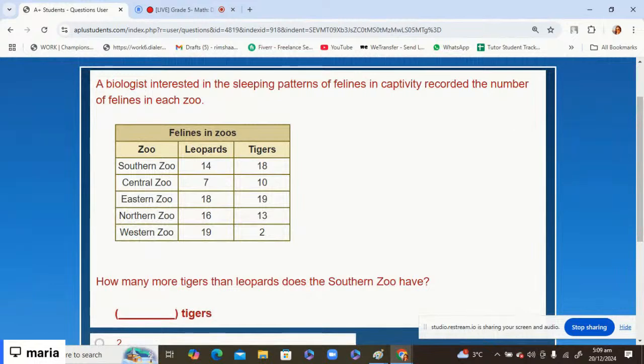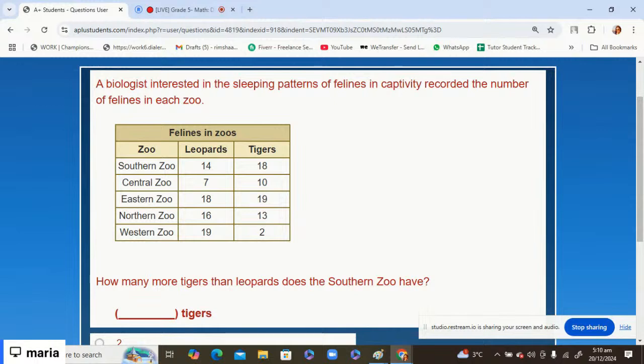A biologist interested in the sleeping pattern of felines in captivity recorded the number of felines in each zoo. The zoos are southern, central, eastern, northern, and western. How many more tigers than leopards does the southern zoo have?